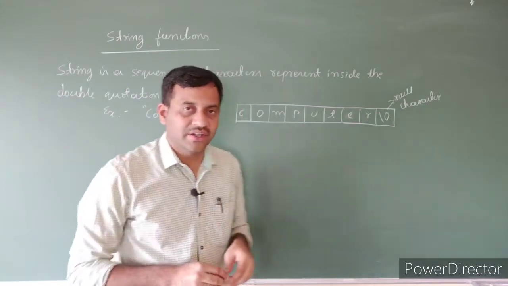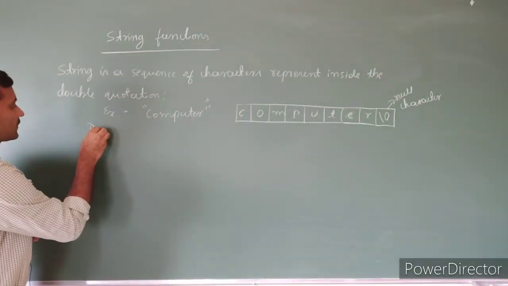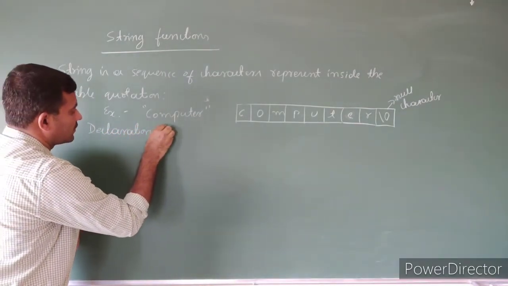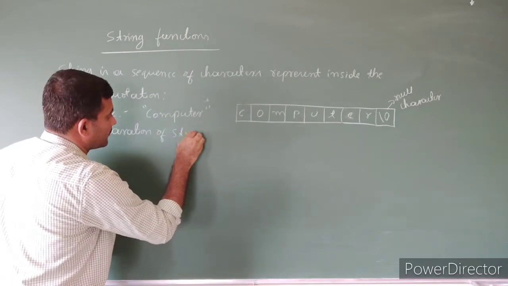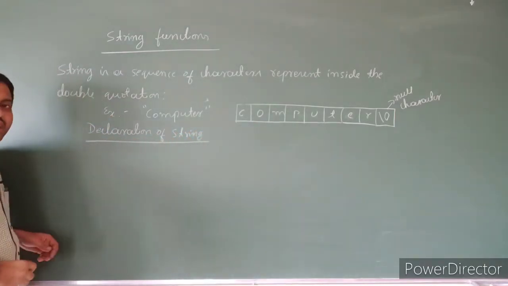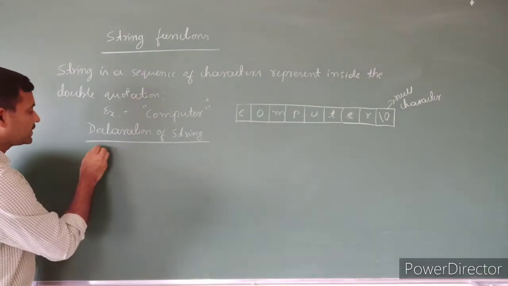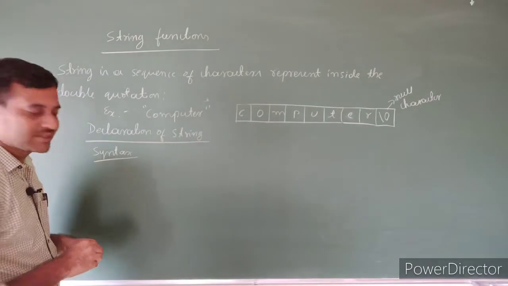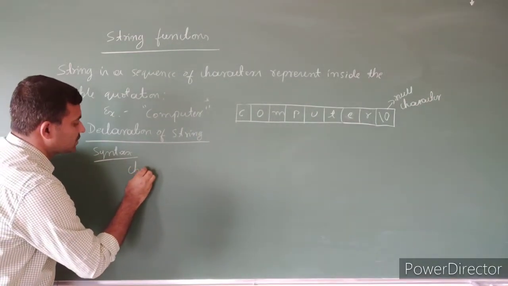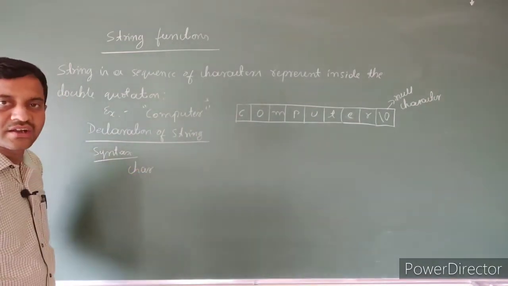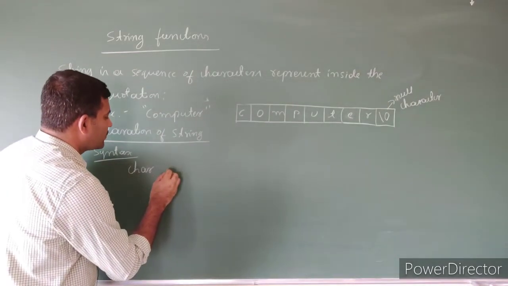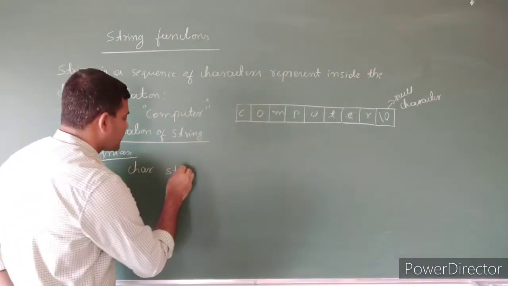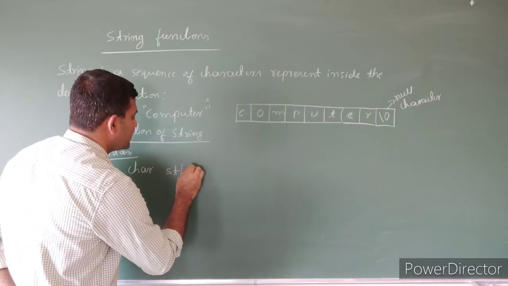Then to declare a string, we use the following syntax. To declare a string, first we use the data type char, followed by the string name, then the size of the string.